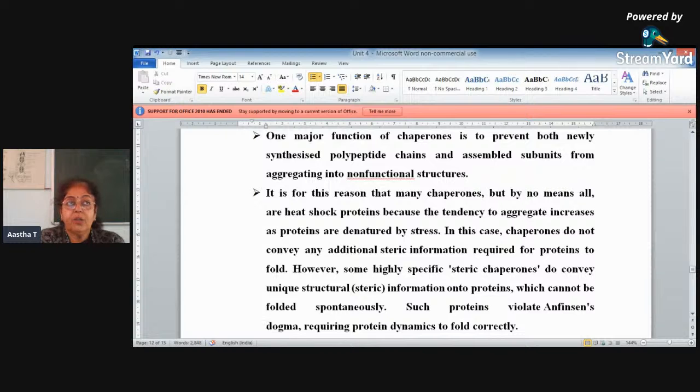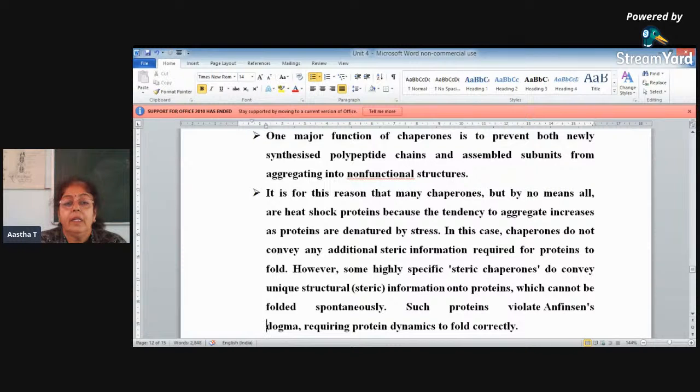Heat shock proteins, on the contrary, like chaperones, will be activated whenever folding, unfolding, assembly, or aggregation is required. But with HSPs, the tendency to aggregate increases. Whenever proteins are denatured by stress, causing aggregation is the work of HSPs. And the work of chaperones is to avoid unnecessary aggregation.